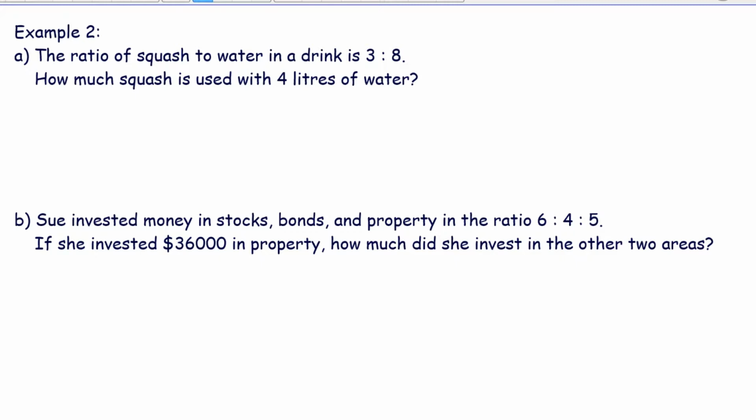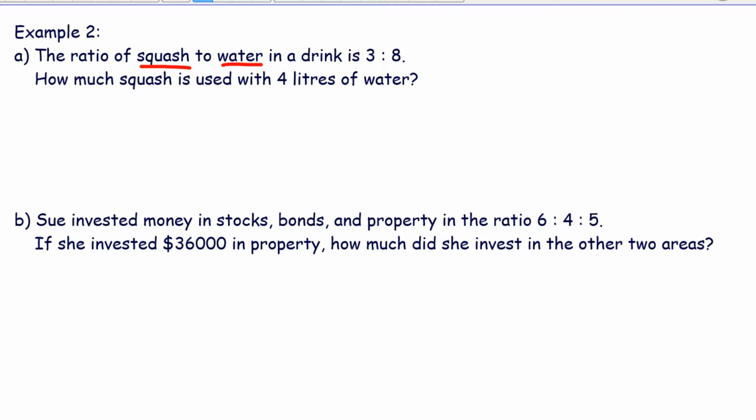Example 2: the ratio of squash to water in a drink is 3 to 8. How much squash is used with 4 liters of water? So what we need to do here is form a ratio and try to solve that ratio.